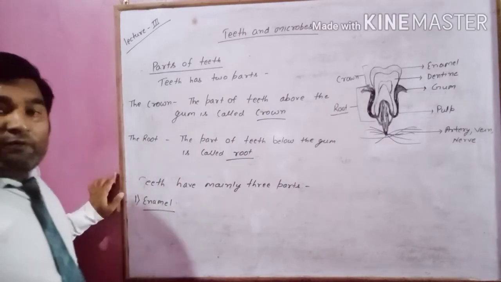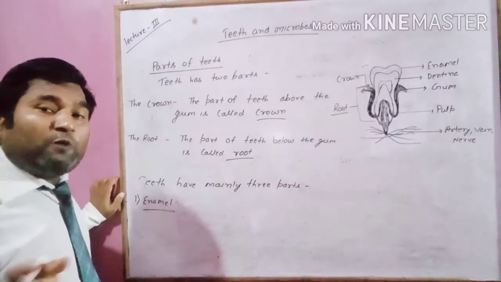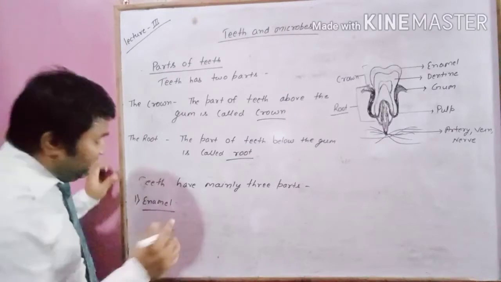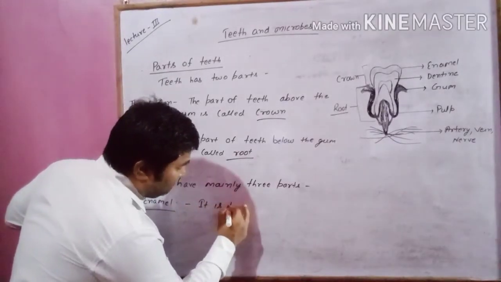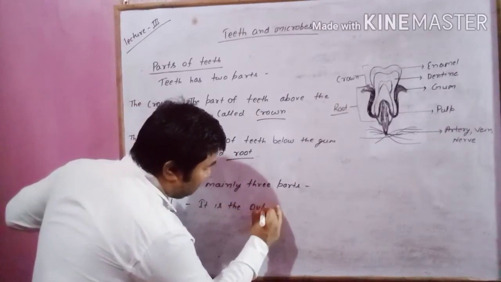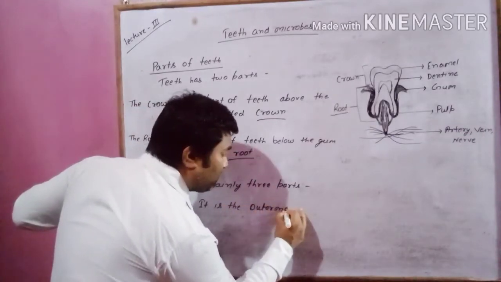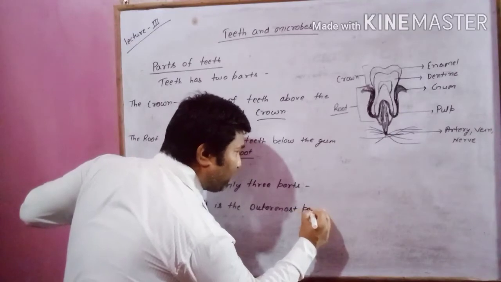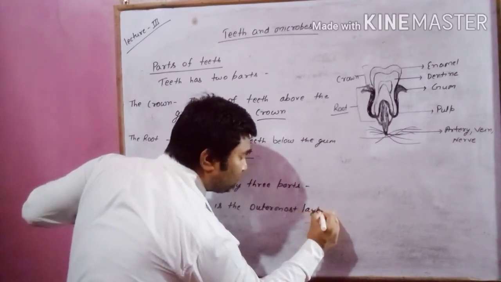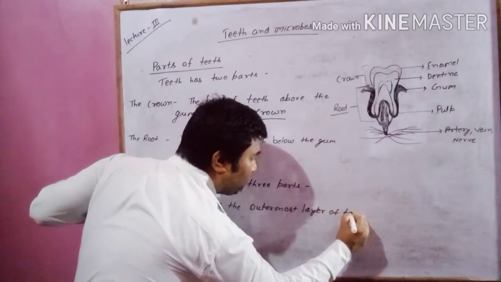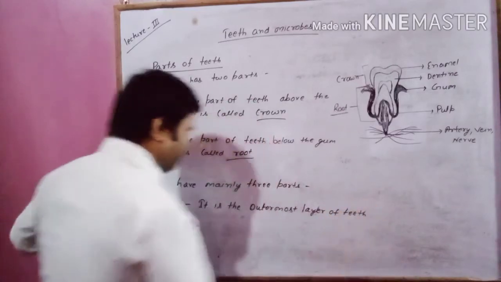What can we say about enamel? Enamel is the outermost part or layer of teeth.